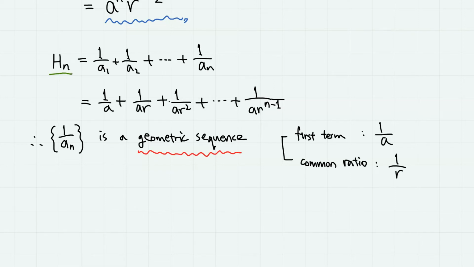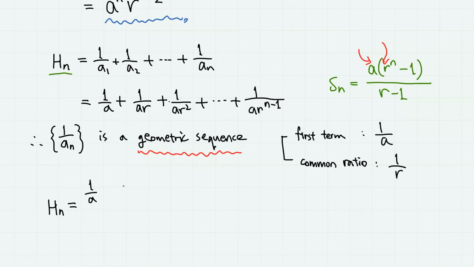Therefore, for its partial sum Hn, we can apply the similar formula for Sn with only a different first term and common ratio. So Hn has first term 1 over a and common ratio 1 over r, so we have 1 over r to the power of n minus 1, over 1 over r minus 1.